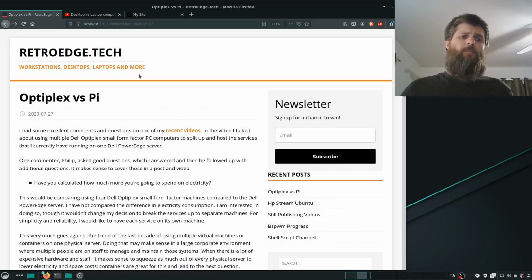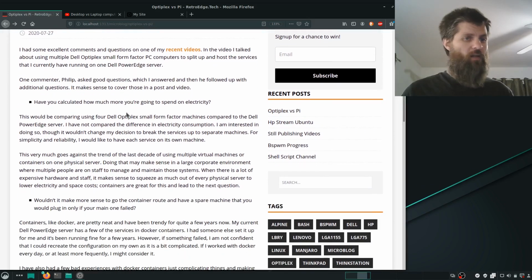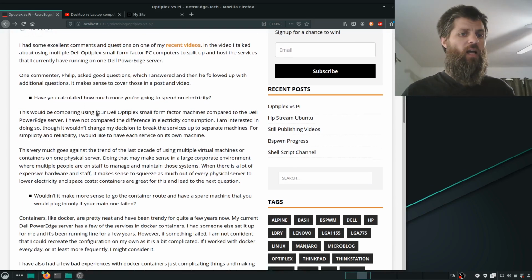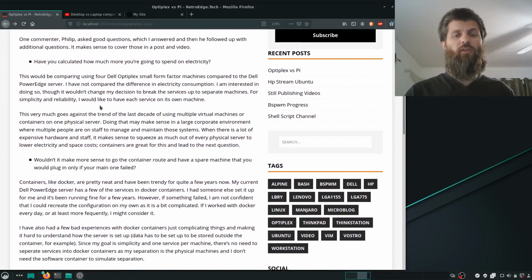So I'll just go through and read some of Philip's questions, starting with: have you calculated how much more you're going to spend on electricity? So this is one machine versus multiple machines. The Dell PowerEdge is fairly noisy.